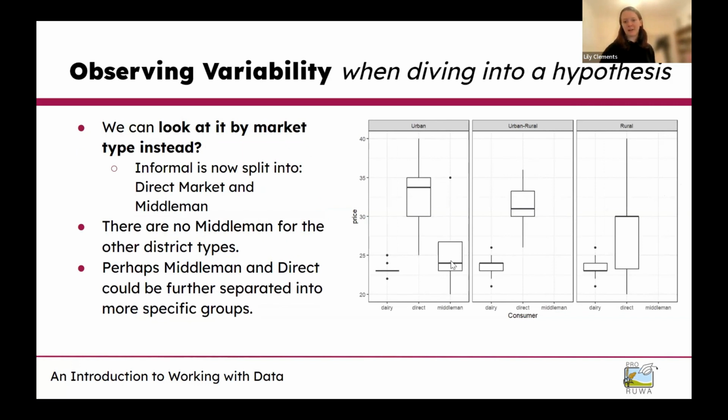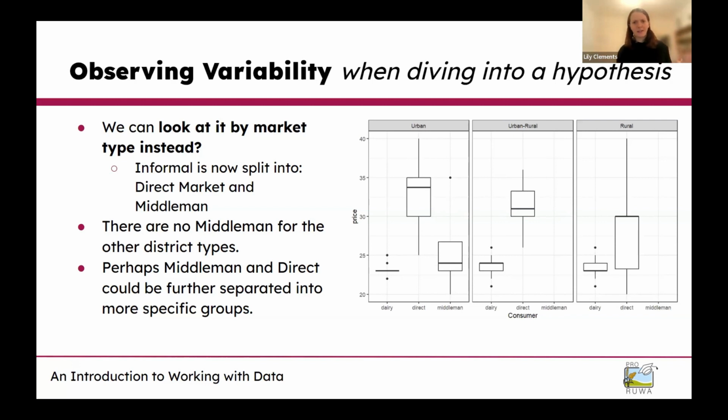Now that we've split out our middleman, we can see this kind of trend of the direct price looking like it's decreasing as we move from urban to urban rural to rural. This being said, rural still is incredibly varied, with a large variation between 20 rupees and 40 rupees for direct, which is very interesting and something else that can be dug into.